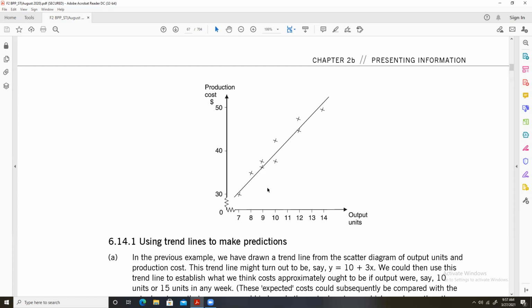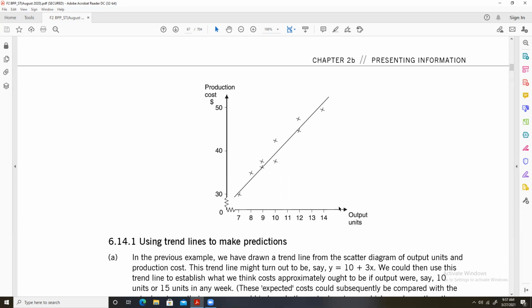When we need to show how a variable changes with changes in the other variable, then a scatter diagram is a useful way of doing so. So scatter diagrams are used to show relationships between two variables.